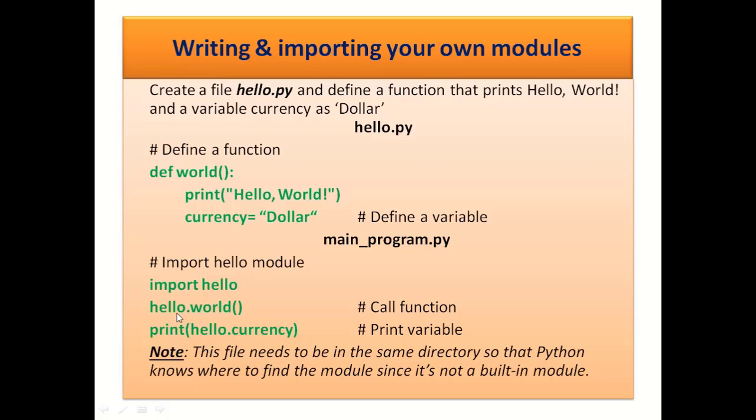So here we are invoking the function with the module name hello.world, the module which we have created, and in the main program we are using it with the dot notation. So hello.world will invoke this function, it will assign dollar to currency and it will print hello world. Then if we print the value of hello.currency, it is going to print dollar.